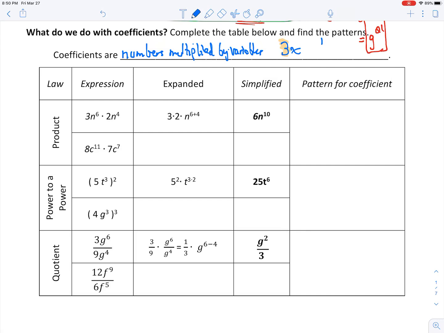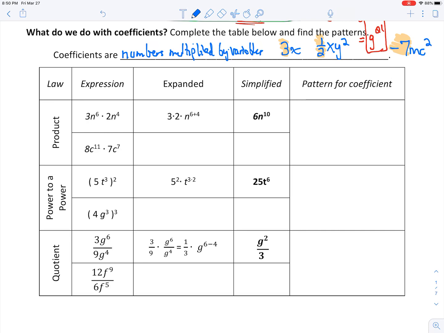We could even say like 1/2 xy squared. The xy squared are the variables, but the 1/2 is a coefficient. And something like -7mc squared. We don't know what the m and the c are, but we do know that the coefficient of that term is the -7. So now we're going to perform some exponent properties and some exponent exercises with coefficients.